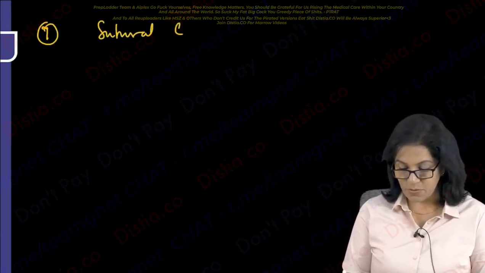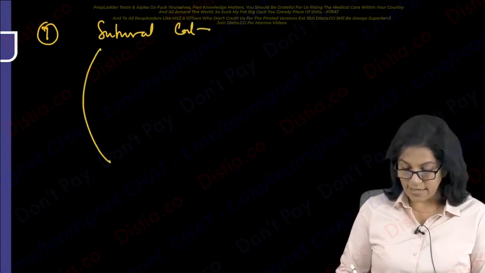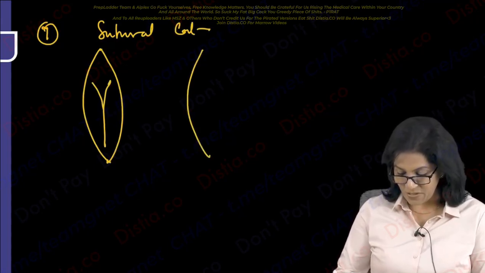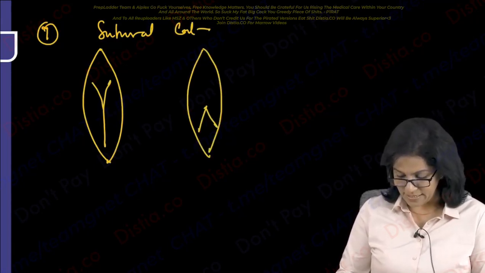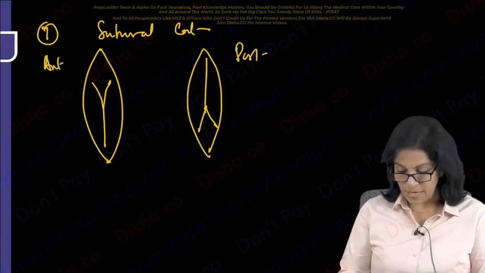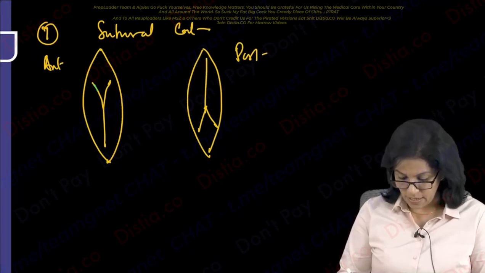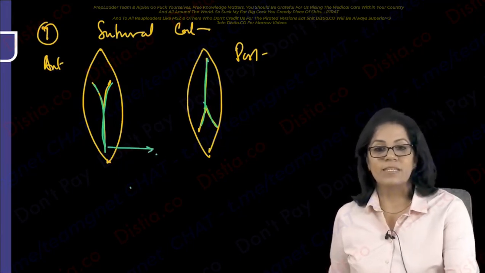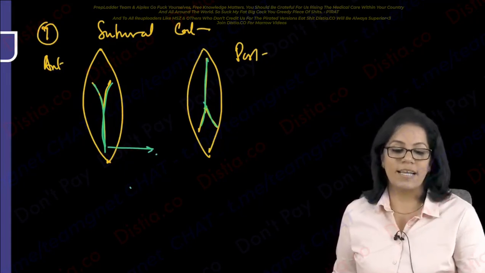We have learnt about what sutures are. On the front surface they look like a straight Y and an inverted Y on the back surface. So when the opacities are only along the suture, this becomes your sutural cataract.